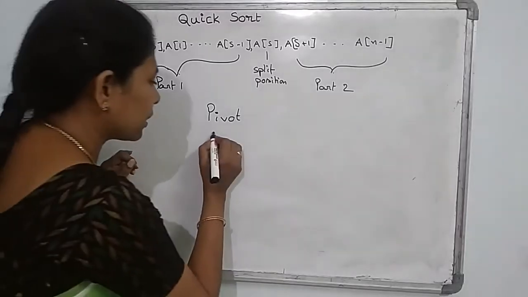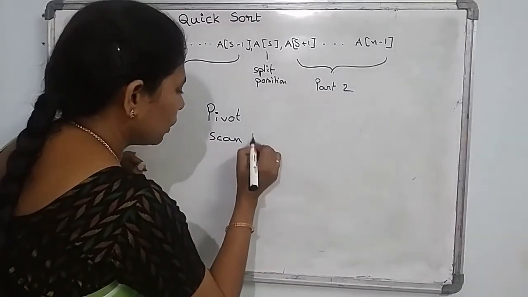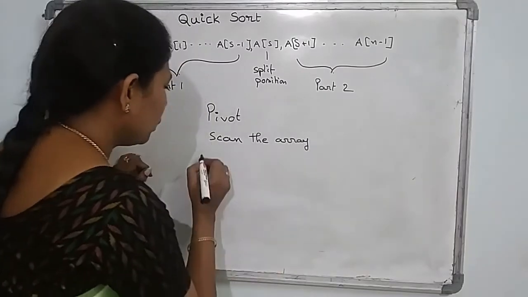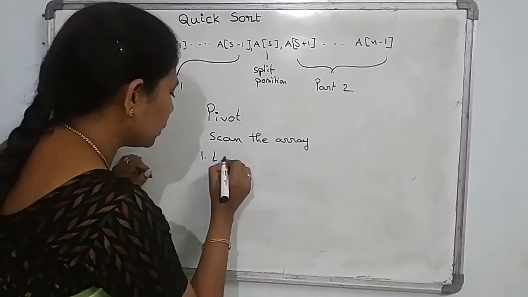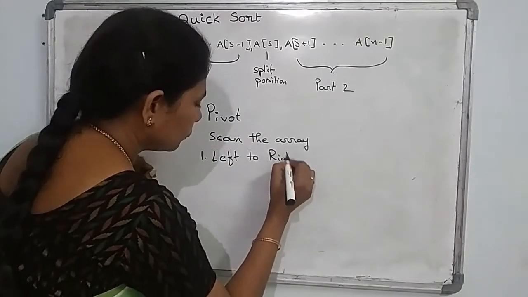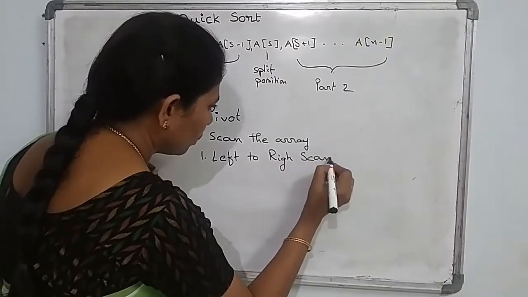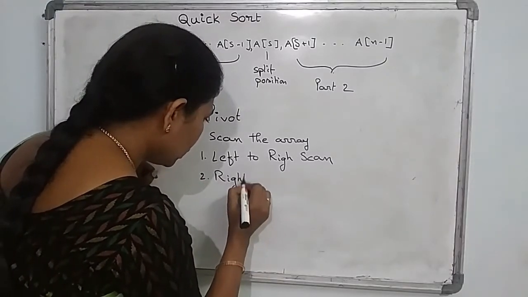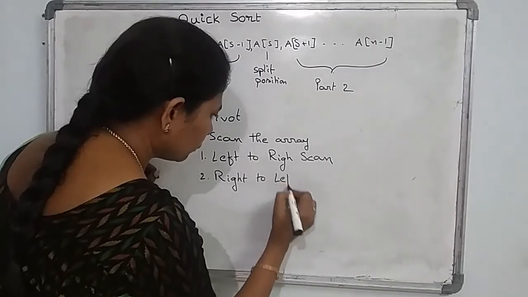That means you scan the array. The first one is the left to right scan, and the second one is the right to left scan.